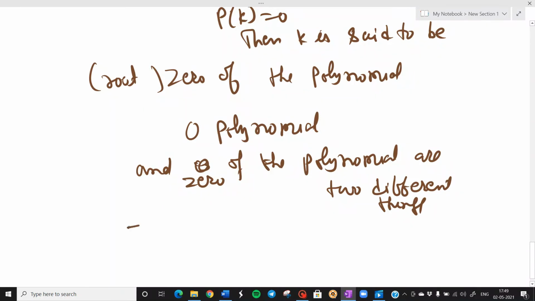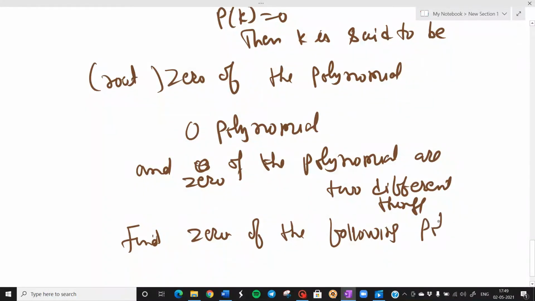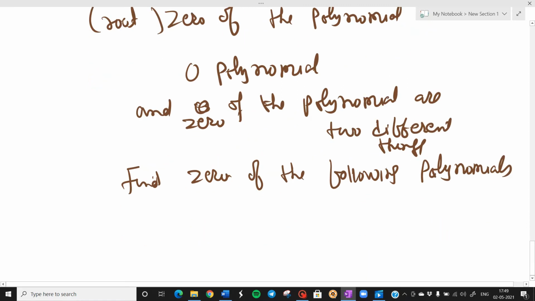So I am taking now how to find the zero of the given polynomial. Now an example for you. Find the zero of the following polynomials. The first example I am writing here: p(x) is equal to 3x minus 4.